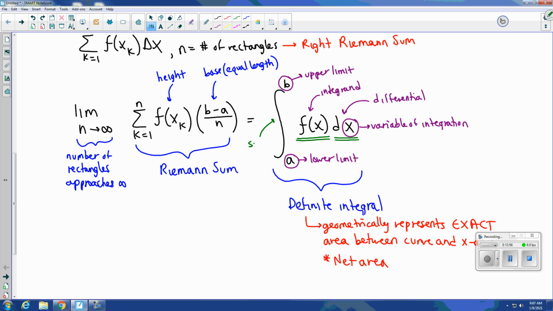You can think of it like a sum from a to b of height times base. So we're summing together rectangles. So pretty similar parallels drawn here from the Riemann sum to the actual notation for the definite integral. So that's where we will conclude the video, and in the next video we'll jump into the properties of the definite integral and why we have net area as opposed to total area.